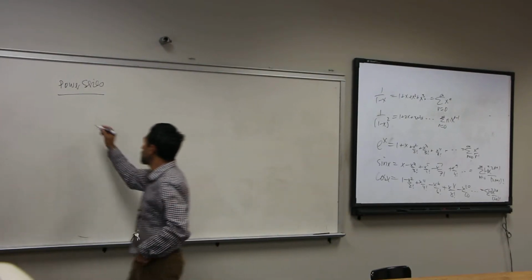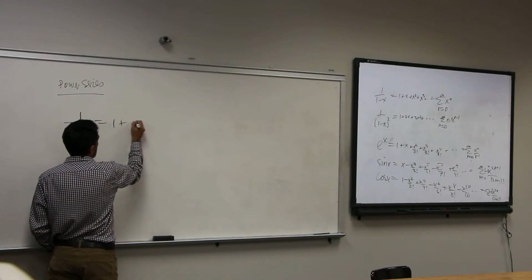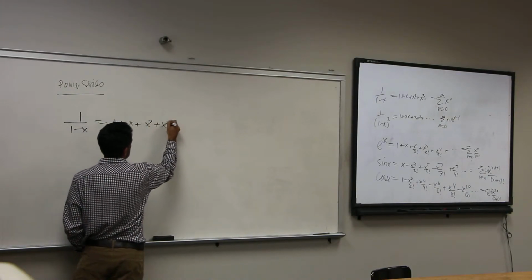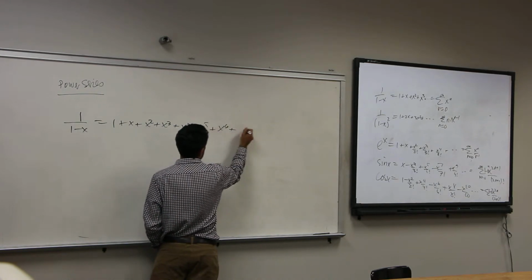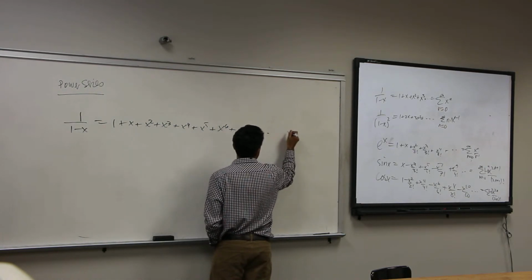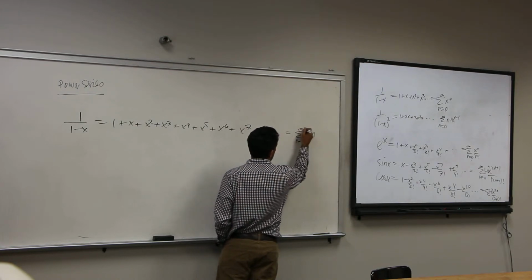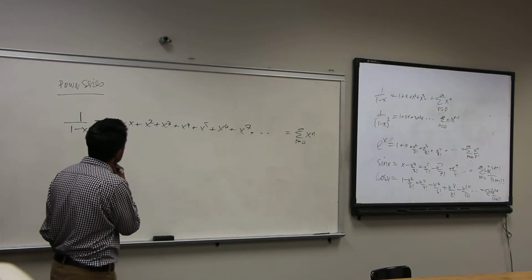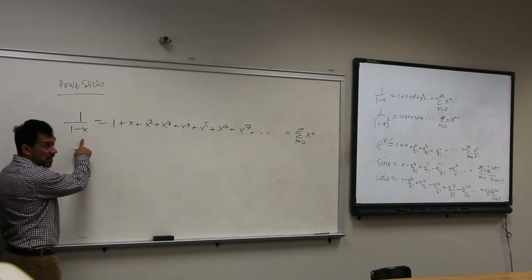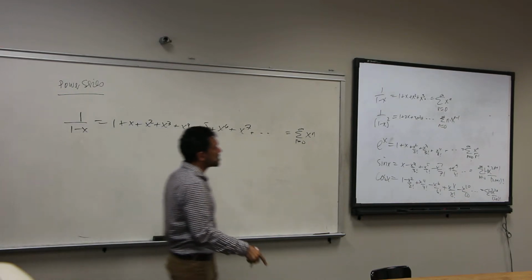If you have this series here, and we say that it's 1 plus x plus x squared plus x cubed, the coefficients are all 1. If you differentiate this, what do you get? Oh, by the way, how did we obtain the series first?